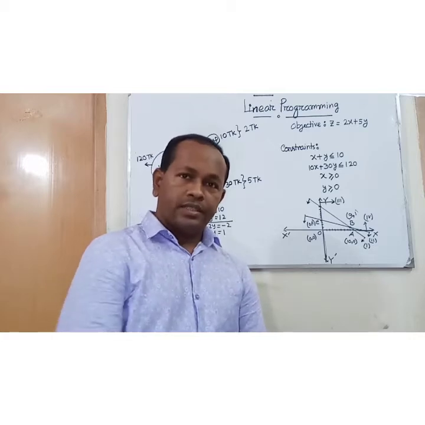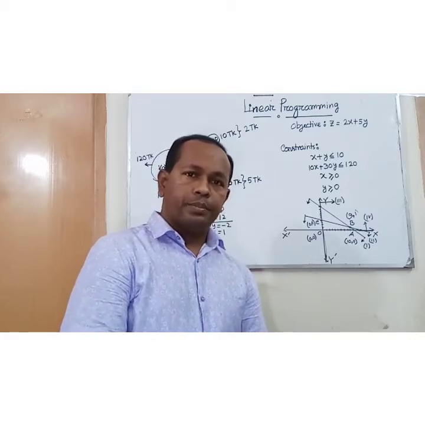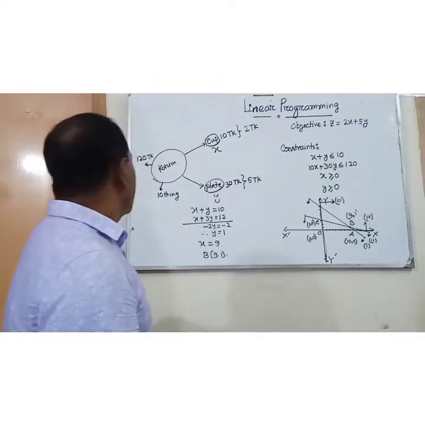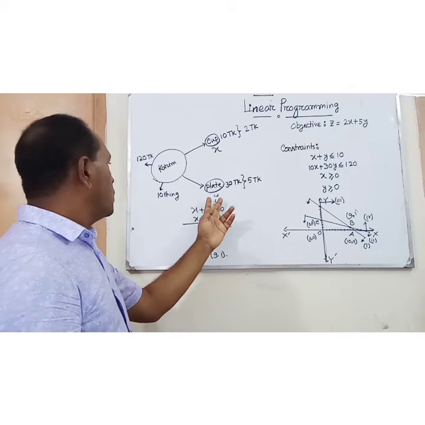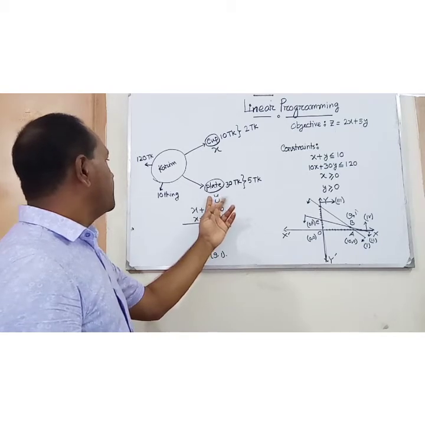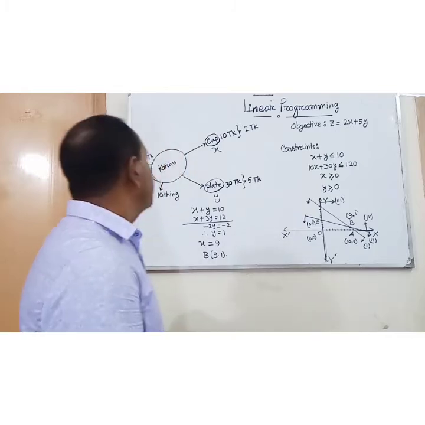For this, let's suppose Mr. Korim will buy x number of cups and y number of plates respectively.